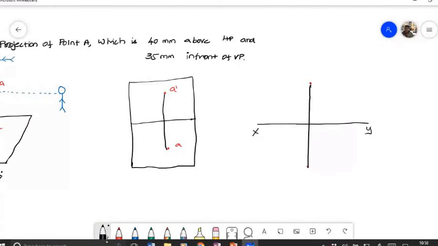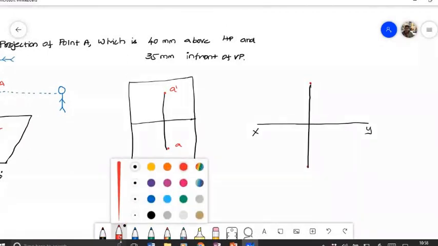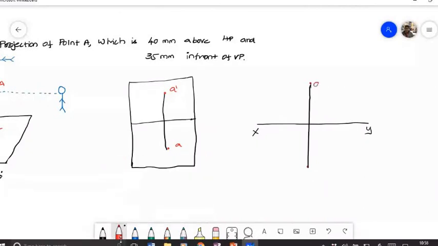After that, you need to name the points, that is A dash and A. Then finally, you need to dimension it.